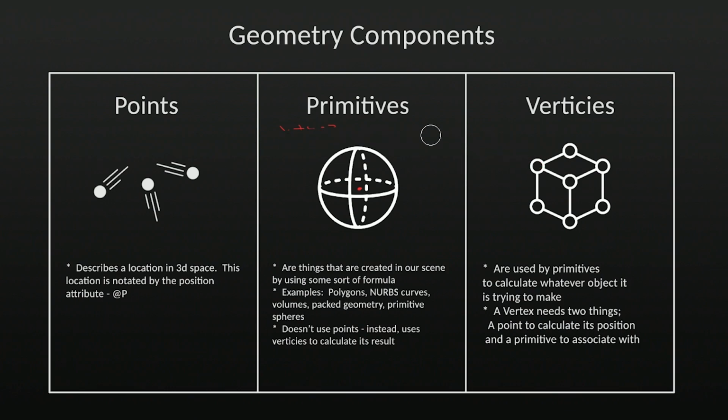So as an example of this, let's say that I want to use Vex to procedurally change the location of our UVs along a mesh. Well, this information is associated with our vertices. UVs use the point position and the associated primitive to figure out its location along the primitive.